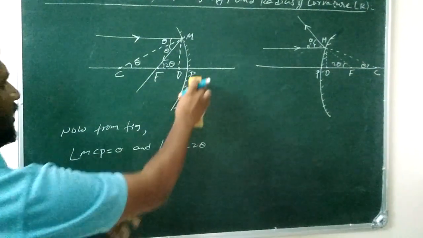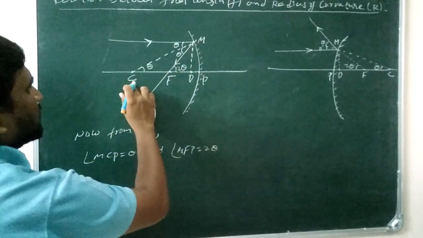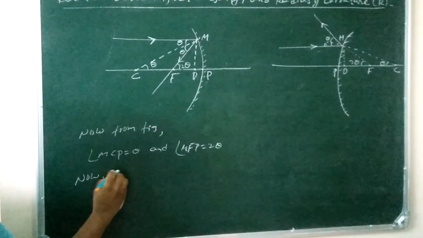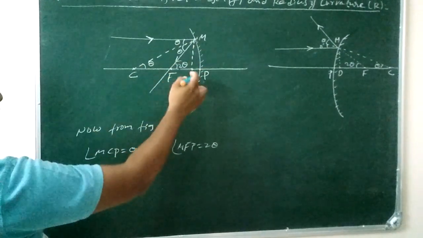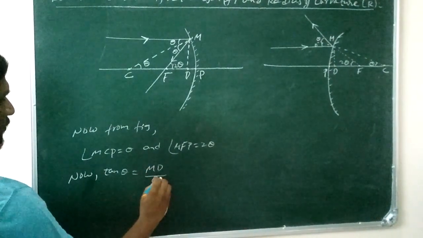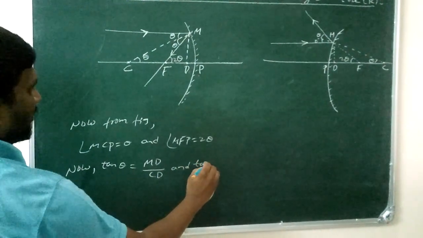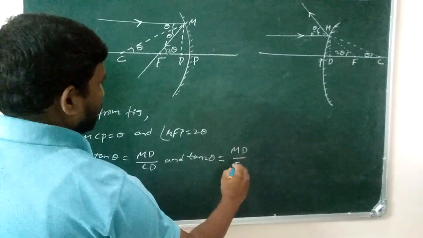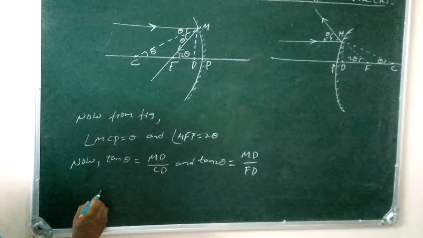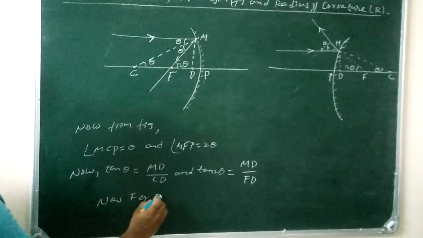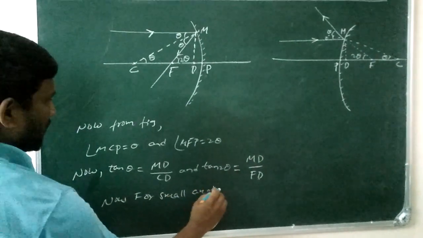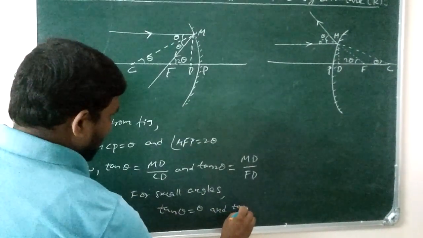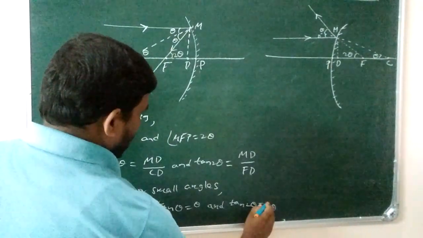Now tan theta, from the figure, we write as MD by CD, and tan 2 theta we write as MD by FD. For small angles, tan theta can be written as theta, and tan 2 theta can be written as 2 theta.